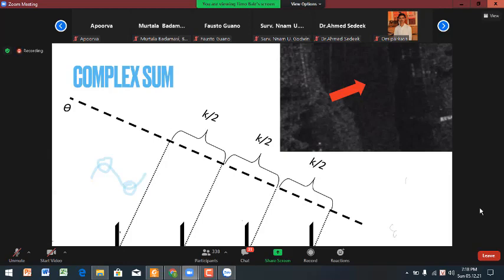So this one is plus, this one is minus. If I add these two up, it ends up at 0. Okay, so they all add up to 0 because they cancel each other out. Okay, this is the coherent signal. They have amplitude and phase, and if I add them up and the phases are negative to each other, they cancel each other out and you get 0 signal back, as shown here.